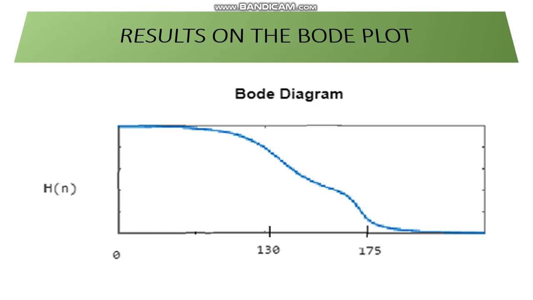As you can see, this Bode plot is quite similar to the one that I just showed, which was an example from the lecture. As the blue line gets to 175, which is the noise frequency, it goes down towards zero, which shows that this design is filtering out the 175 frequency, which is the noise frequency.